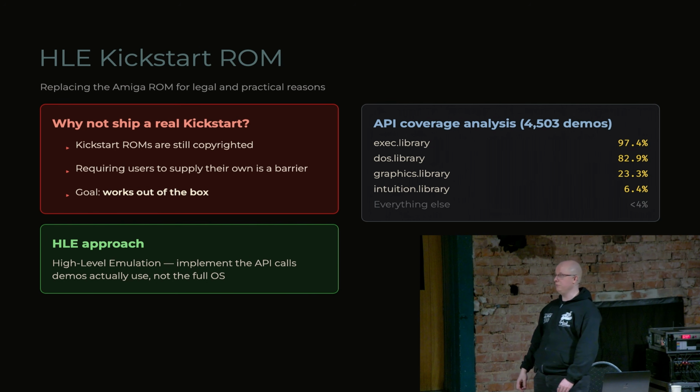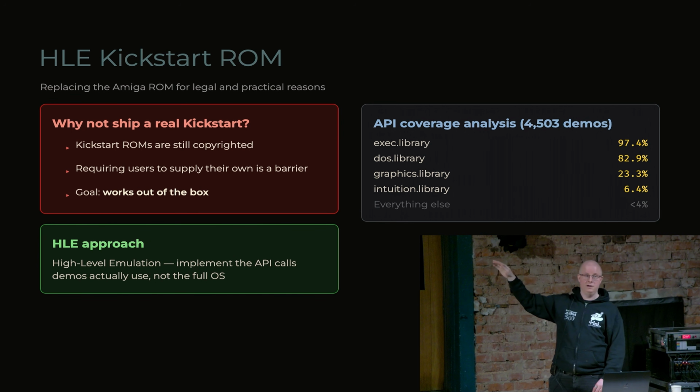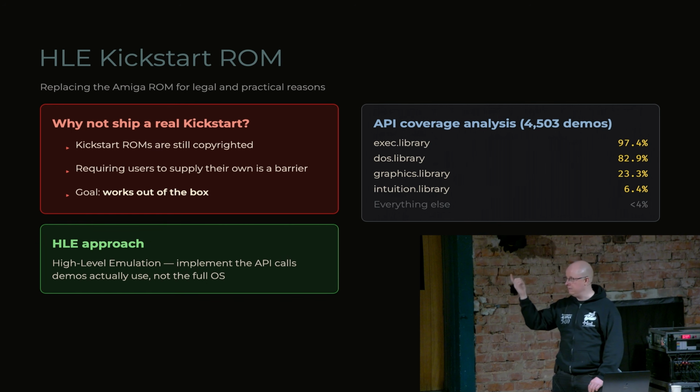So I had my friend Ralph run over 4,000 demos to figure out what libraries from the Amiga they use. The exec library is a very base library for the Amiga, which pretty much everyone will use. So that's a given.